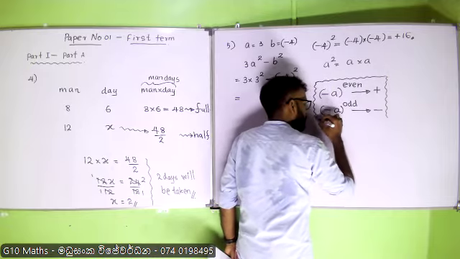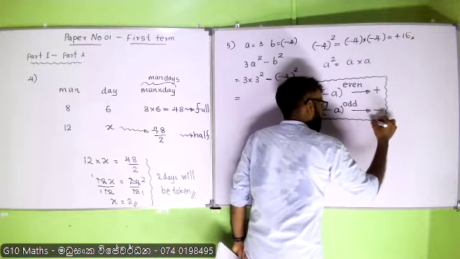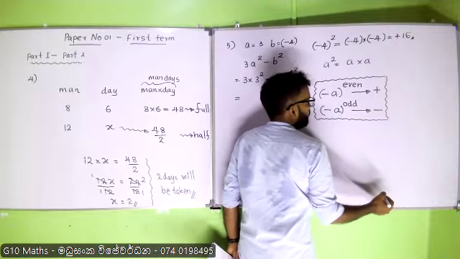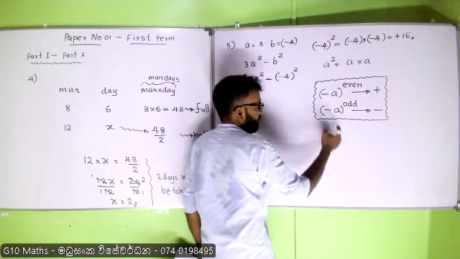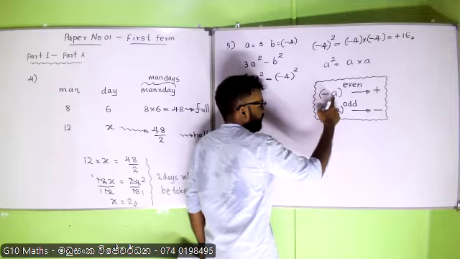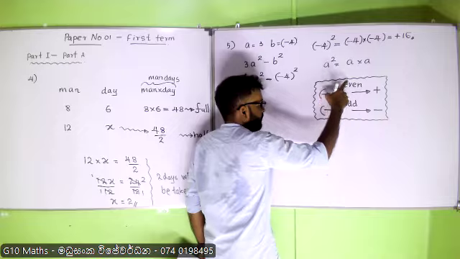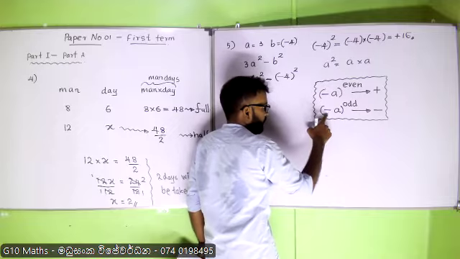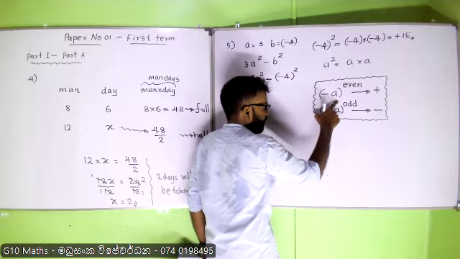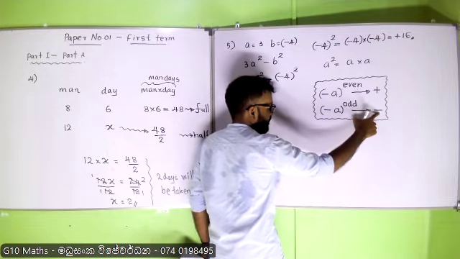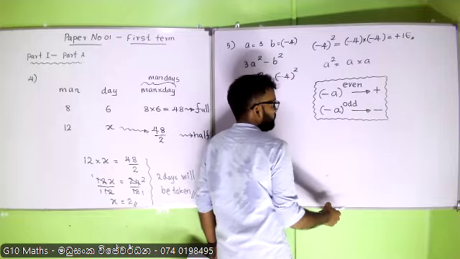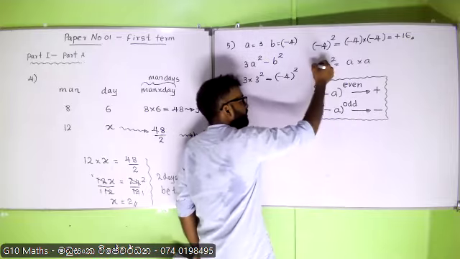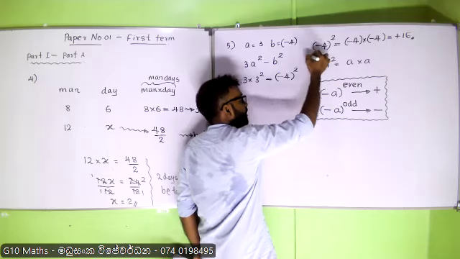What is important? Negative number, even power, positive. Negative number, odd power, final result is negative. We have very basic things.